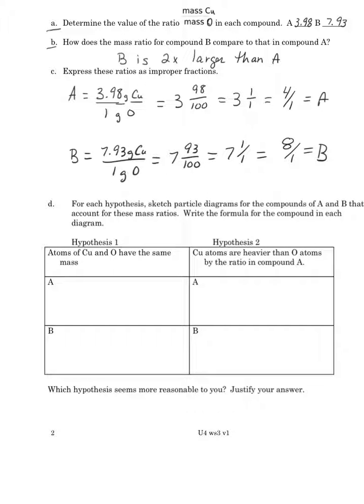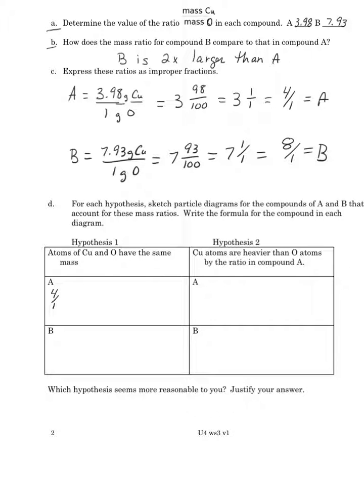Again, we're going to look at hypothesis 1, which is the same as the first question, where atoms of copper and oxygen have the same mass, and hypothesis 2, where copper atoms are heavier than oxygen atoms by the ratio in compound A. So let's go ahead and fill these in. My improper fraction for A was 4 to 1.